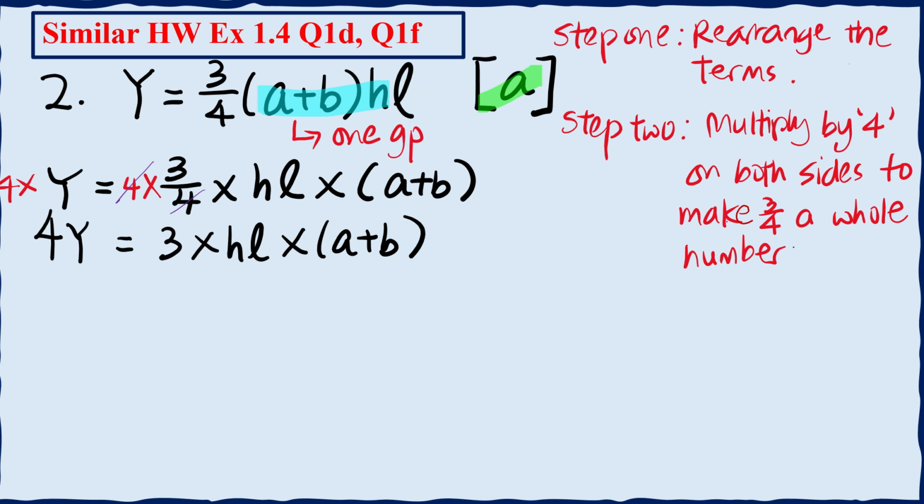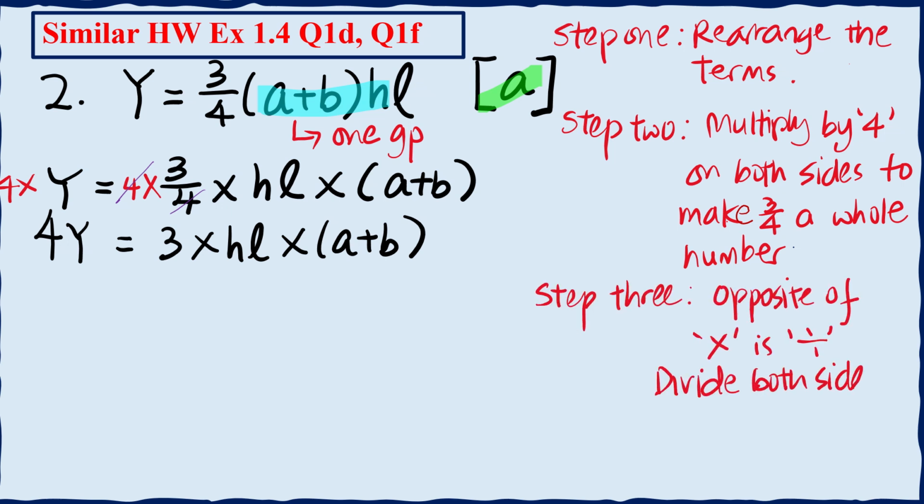Now the next thing is, what is the opposite of times? Yes, the opposite of times is divide. I'm going to divide both sides by 3HL, because I need to eliminate this first.